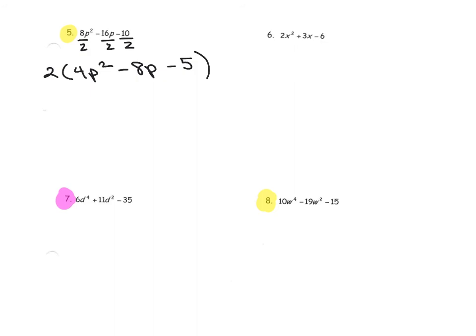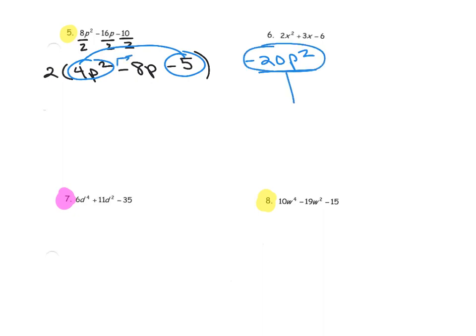Now I can see I can do my factor by grouping. Master product: I have 4p squared times negative 5, which is negative 20p squared. And I want to see what multiplies to this value, but also adds to negative 8p. Okay, well, let's start thinking of some numbers. We have 10p and negative 2p.